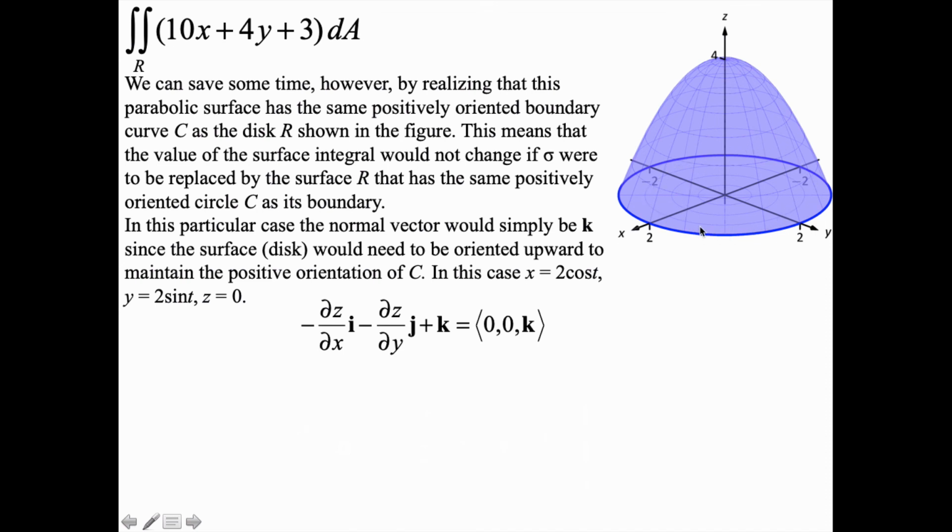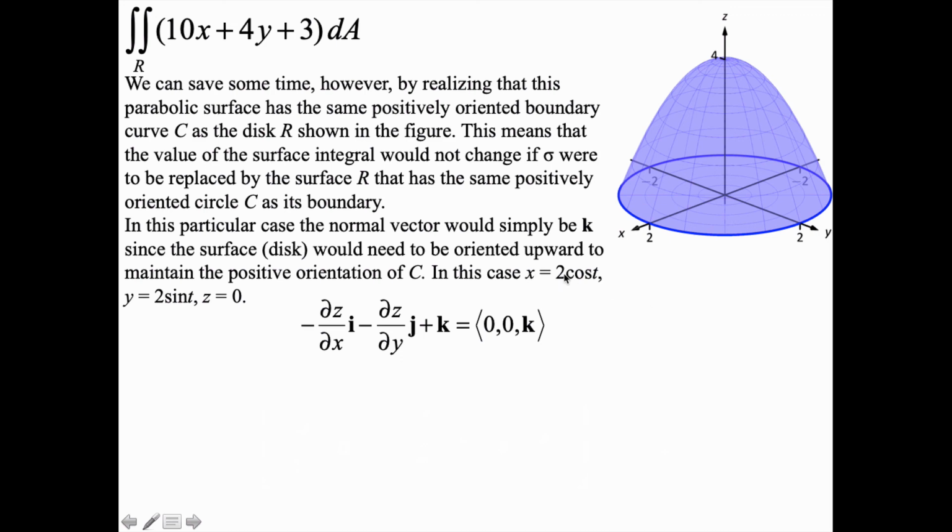So this means that the value of the surface integral would not change if sigma were replaced by this surface R that has the same positively oriented circle C as its boundary. Now in this particular case, the normal vector would simply be k, pointing upwards, right? 0, 0, 1, or k, since the disk would need to be oriented upward to maintain the positive orientation of the curve C.